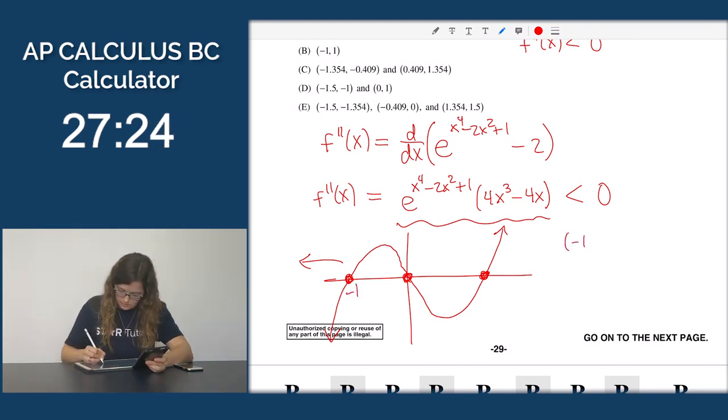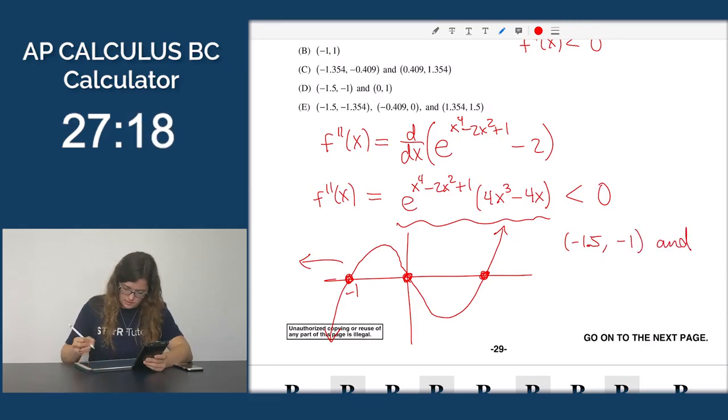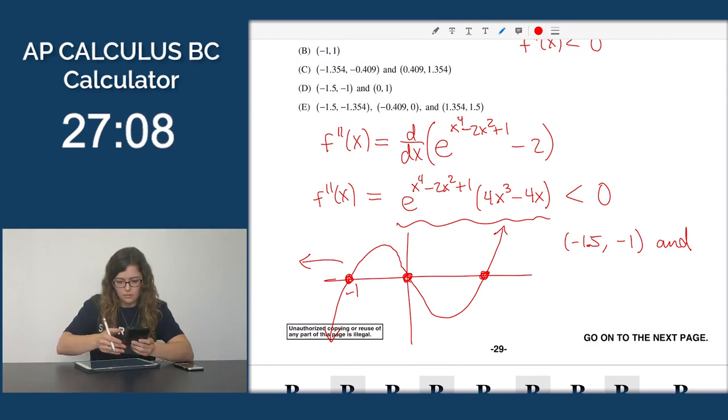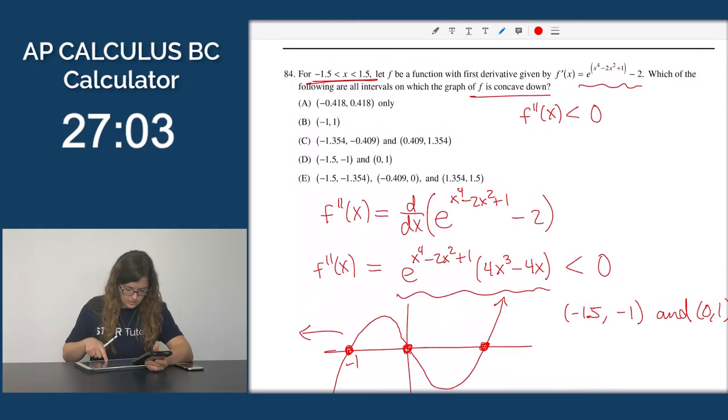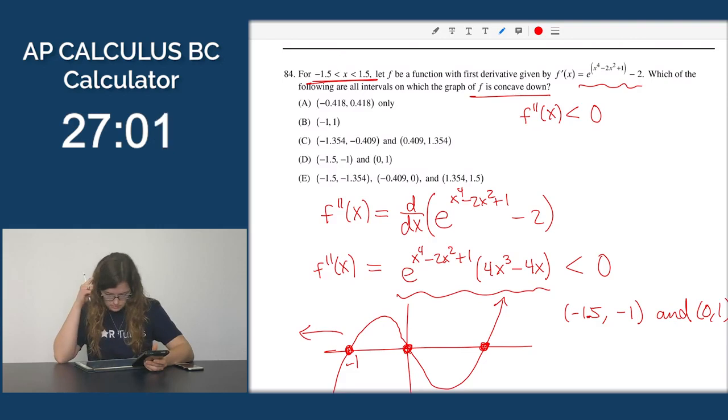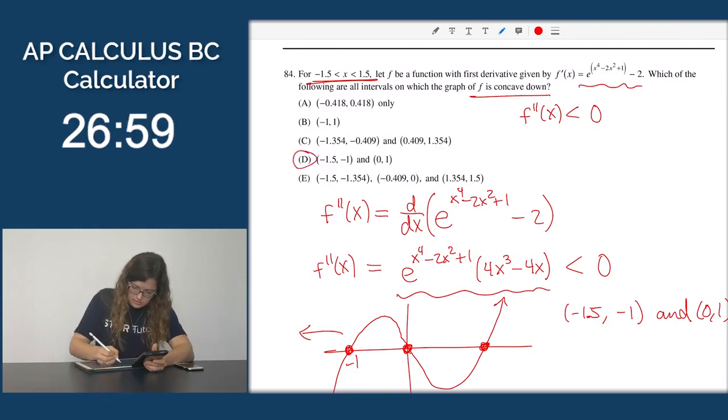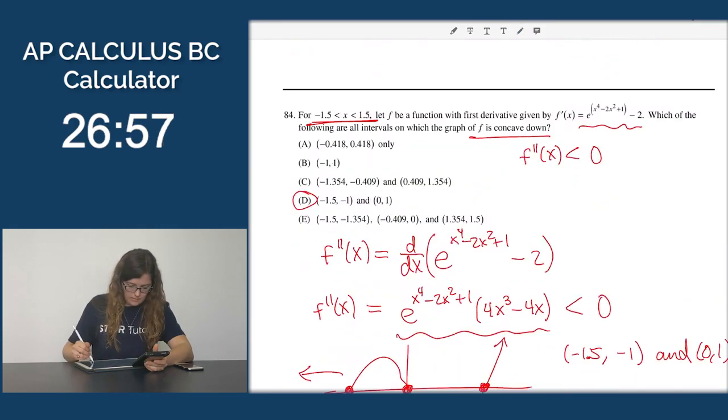So we've got negative 1.5 to negative 1. And the other interval looks like 0 to 1. Okay, so hopefully there's an answer that says that, yep, there is, D.